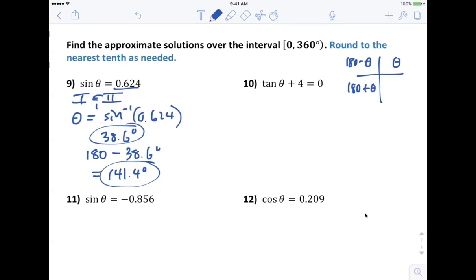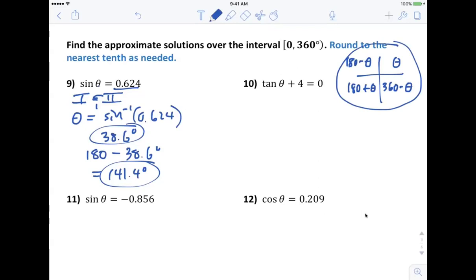And if you knew you had a solution in quadrant 4, it would be 360 minus that angle. All right, so you can use that, and that's in degrees. The radian version would be similar, just in radians, you know, pi and 2 pi's. That might help on these.